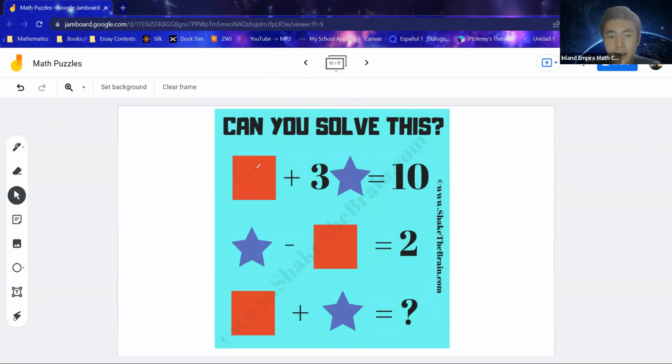We define a square as s and we're gonna define the star as t. So we have two equations. We know that s plus 3t equals 10. And we also know that t minus s equals 2. Does everyone agree on that?